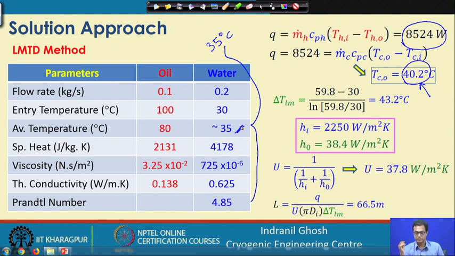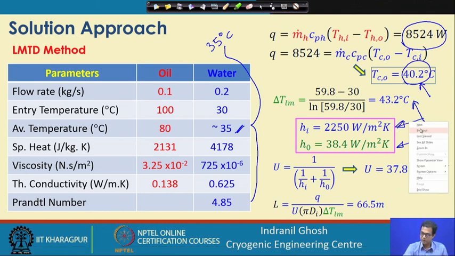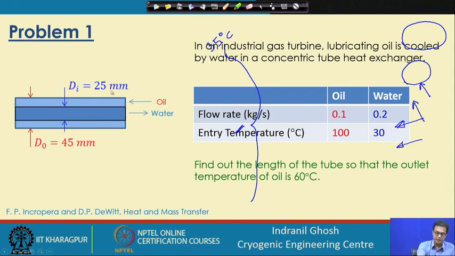So, it was a good guess, and based on that we solved for the delta T LM, the log mean temperature difference, and based on the geometry of the tube, we were able to find the internal heat transfer coefficient as well as the external heat transfer coefficient. Please look into this problem: the internal diameter and the outside diameter were both given.